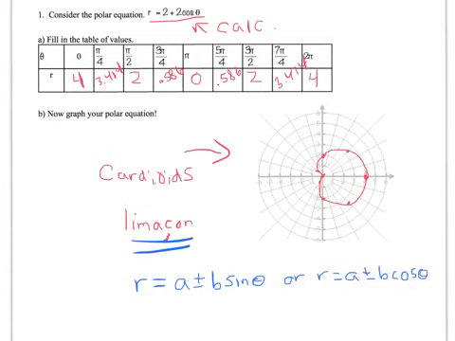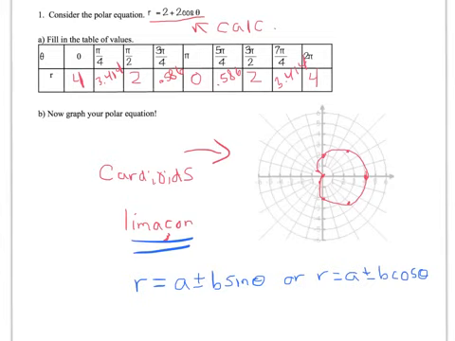Anything of that form tends to look like a cardioid or a limaçon. I'm going to have to go Google that or look it up because textbooks can't talk to you, so I didn't know how to pronounce it.